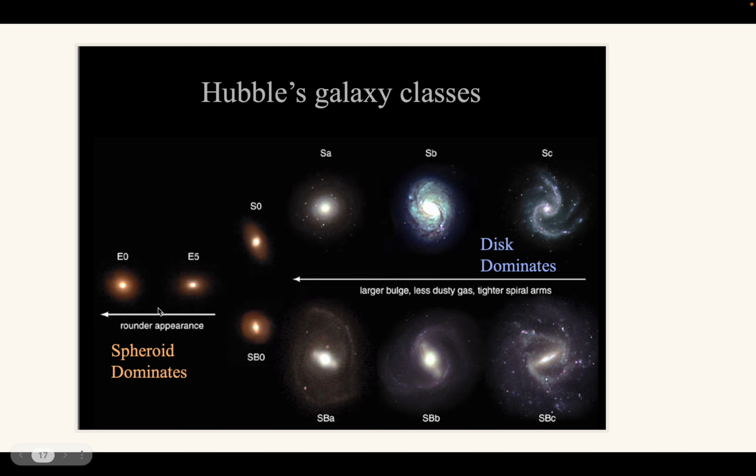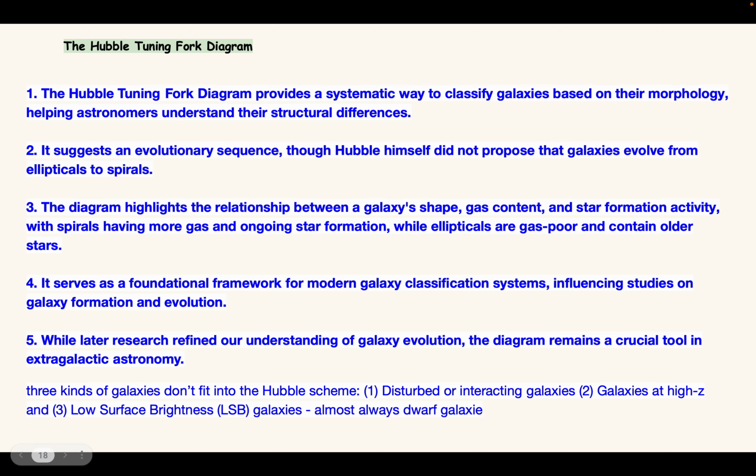The ellipsoid galaxies have a rounder appearance, and along this direction there is a larger bulge, less dusty gas, and tighter spiral arms. In this way there are loosely wound spiral arms, and here tighter spiral arms and less dusty gas. These are the disk dominated galaxies, and these are the spheroid dominated galaxies.